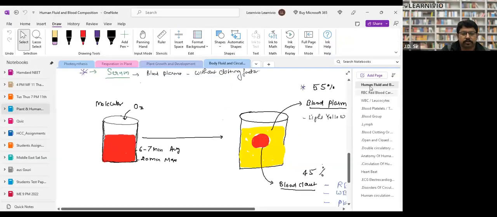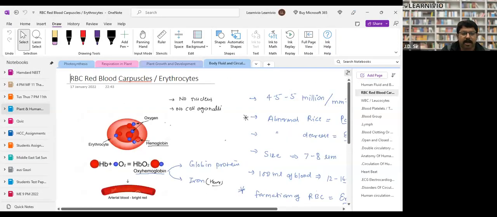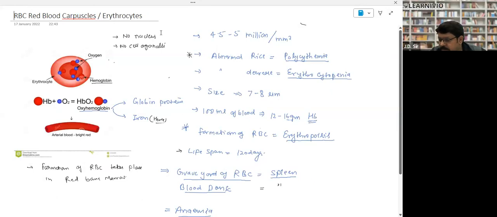Yes, sir. The next part is RBC, red blood corpuscle. Formed elements in NCERT. We are following the same sequence of NCERT. So why do we call them corpuscles, not cells?